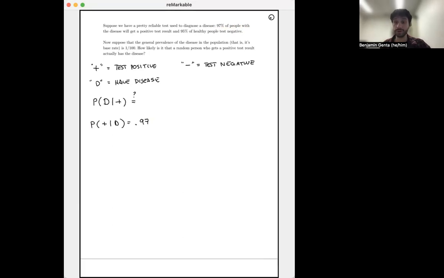What we also know is that the probability of testing negative, given that you do not have the disease, is 0.95. So are we done with what we know? No, right? Because there's one thing left, which is the unconditional probability of just any random person having the disease, and that is 1 in 100.